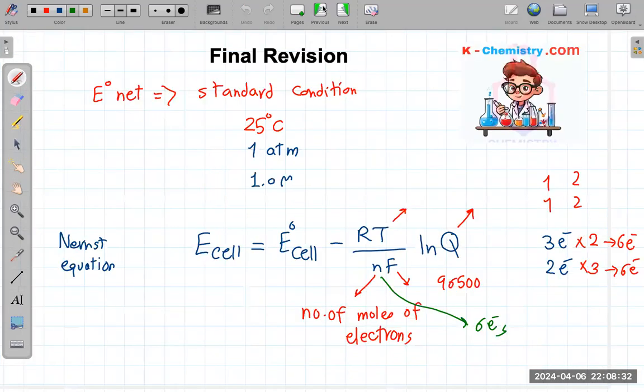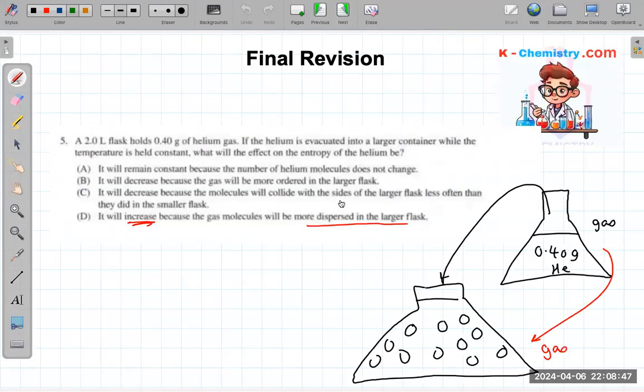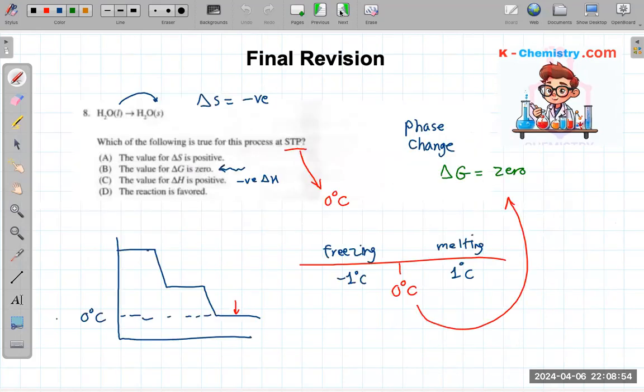Moles of electrons gained or lost has to be the same in both, so if one loses 3 and one gains 2, I have to make them the same. And so it's A, of course, the answer, if I didn't mention.